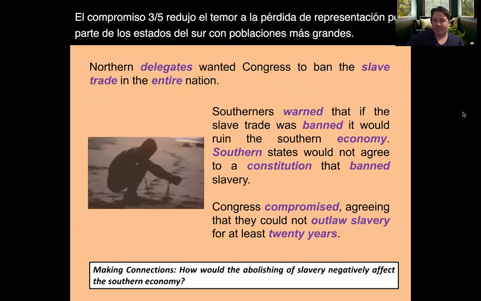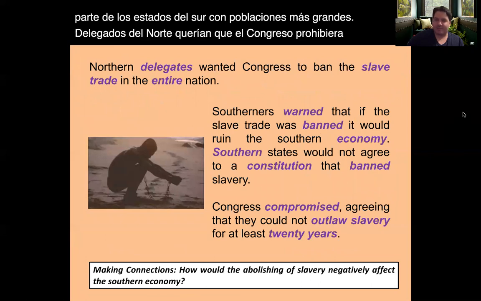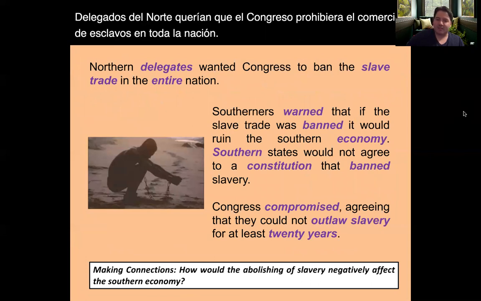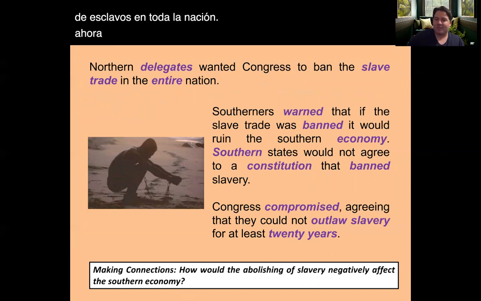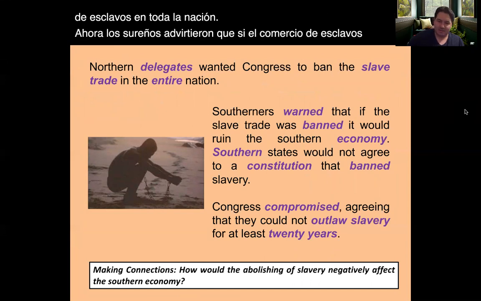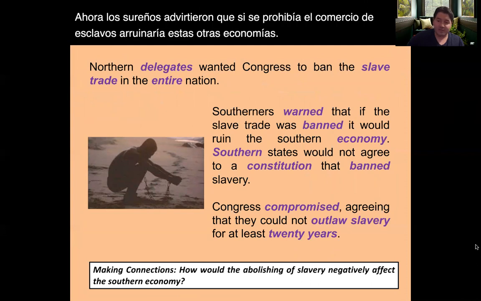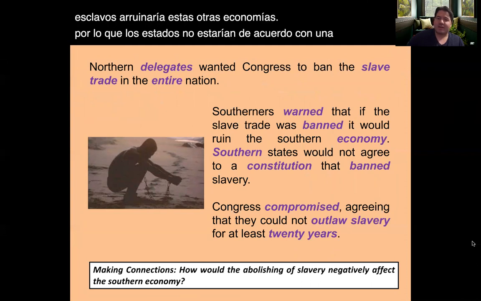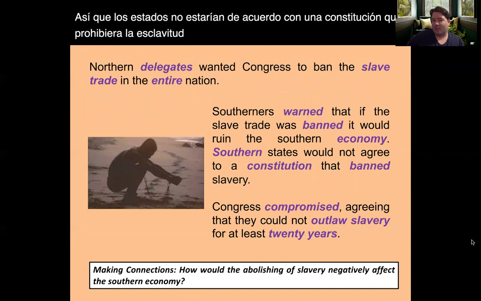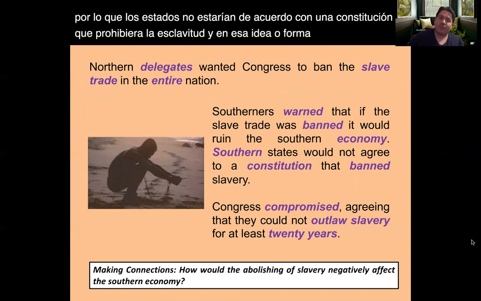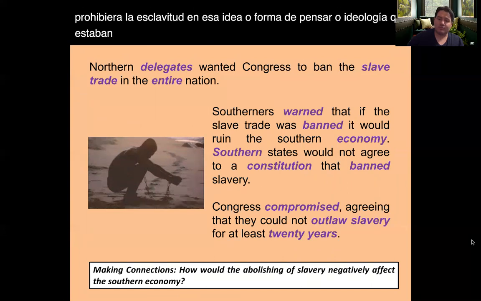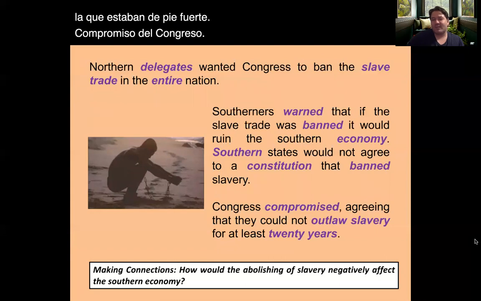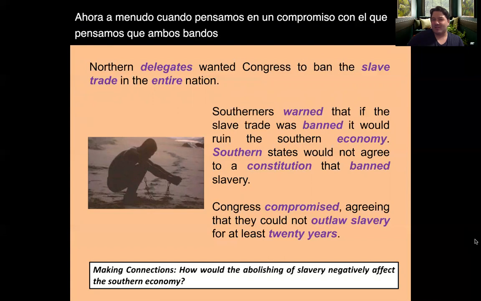Northern delegates wanted Congress to ban the slave trade in the entire nation. The Southerners warned that if the slave trade was banned, it would ruin the Southern economy. Southern states would not agree to a constitution that banned slavery, and in that way of thinking, they were standing firm. Congress compromised. Often when we think of a compromise, we think of both sides walking away with something beneficial, both sides winning.